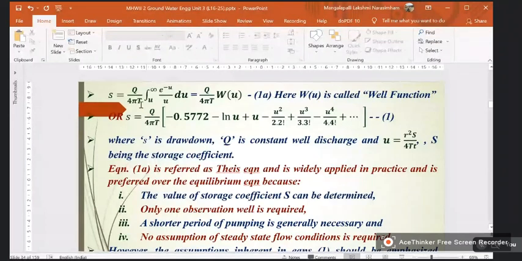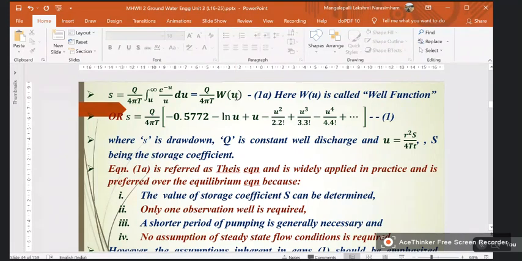Therefore, our equation is: s, the small s, that is the drawdown at any time t, is given by Q by 4 pi T, where capital T refers to the transmissivity coefficient, multiplied by a function which is called the well function.